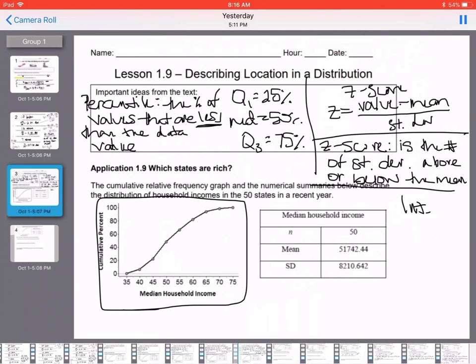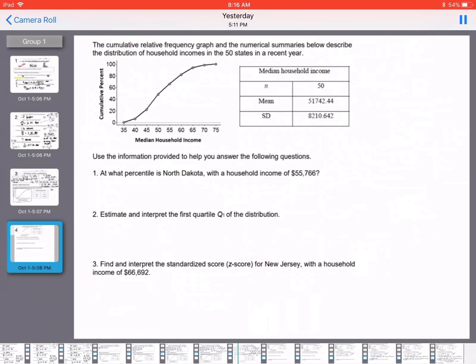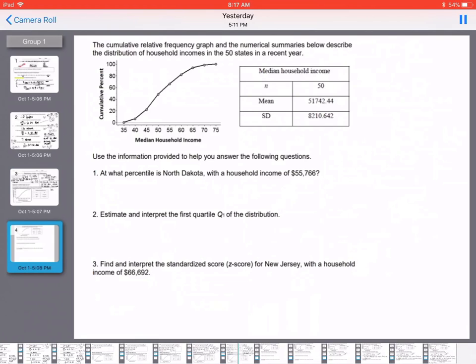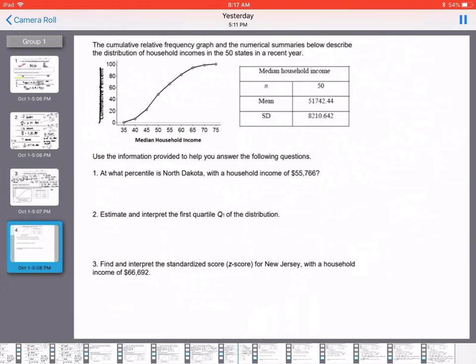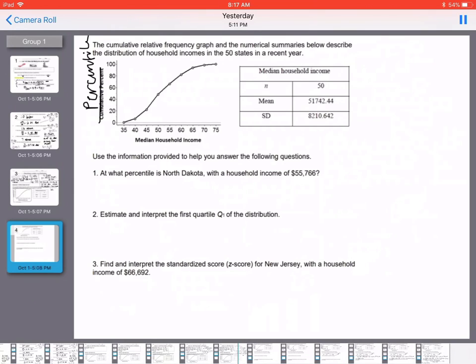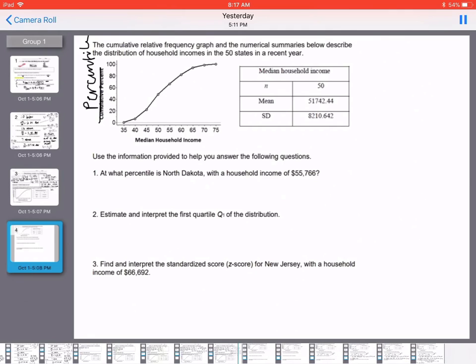Okay, we're going to do one last application problem here. The cumulative relative frequency and the numerical summaries below describe the distribution of household incomes in the 50 states in a recent year. We're going to just call this the percentile here. The number of data is 50.